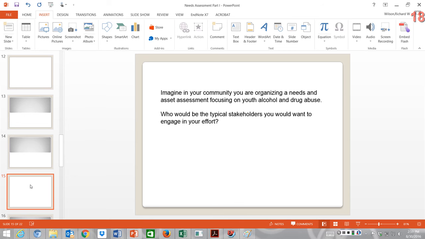So I hope you've thought about probably parents, because this is, after all, youth we're interested in, so parents would still have a role and very logically would have an interest in this. Law enforcement, since we're talking about potentially illegal activity.